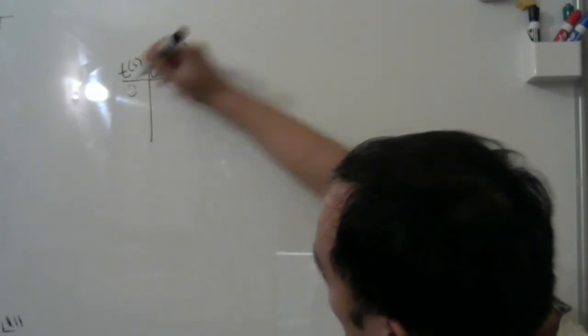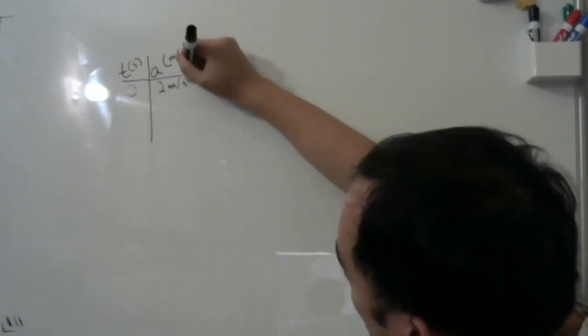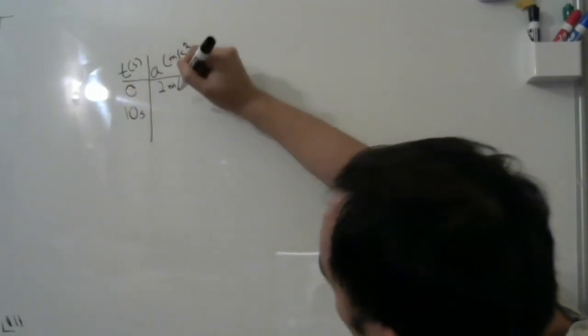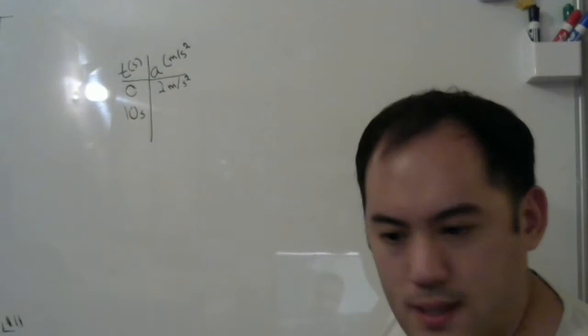Okay, so let's make it simple. He starts out accelerating 2 meters per second squared. And then the van does that for, I don't know, 10 seconds. No, I gotta find an eraser.